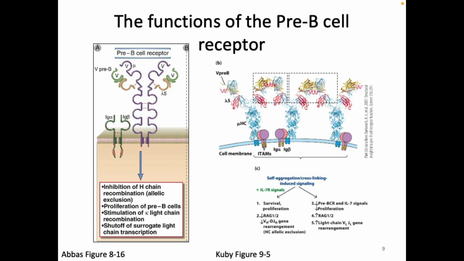And all of them, and I kind of have them in order, all of them happen if the cell gets a signal from the pre-B cell receptor. Like basically the cell is told, you made a heavy chain correctly. You did it right. Now you are allowed to do all of these events.